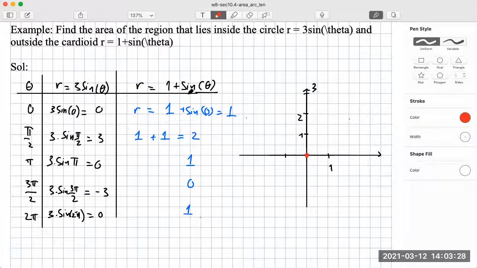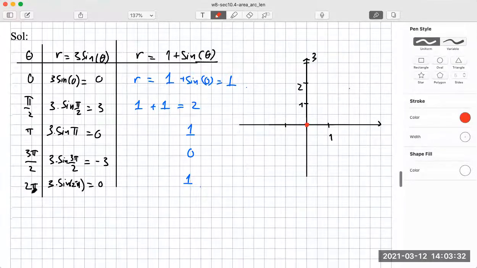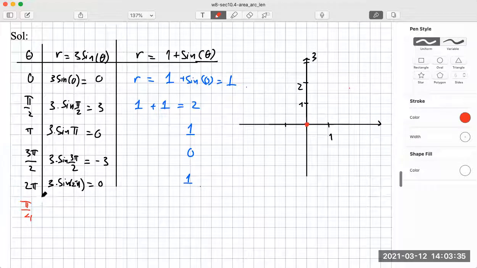Okay, let us pick some more points. Pi over 4. Then 3 times square root of 2 over 2 is 2.1, right?